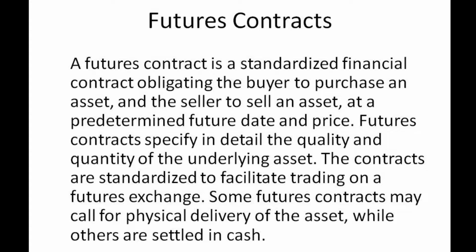It is a legal contract, and it will specify all of the details of that purchase or sale, such that there's not really going to be any argument around what has been agreed on. So that is a futures contract, a contract to buy a given underlying at a price that's agreed upon now for delivery at some time in the future, which we call the expiration date.